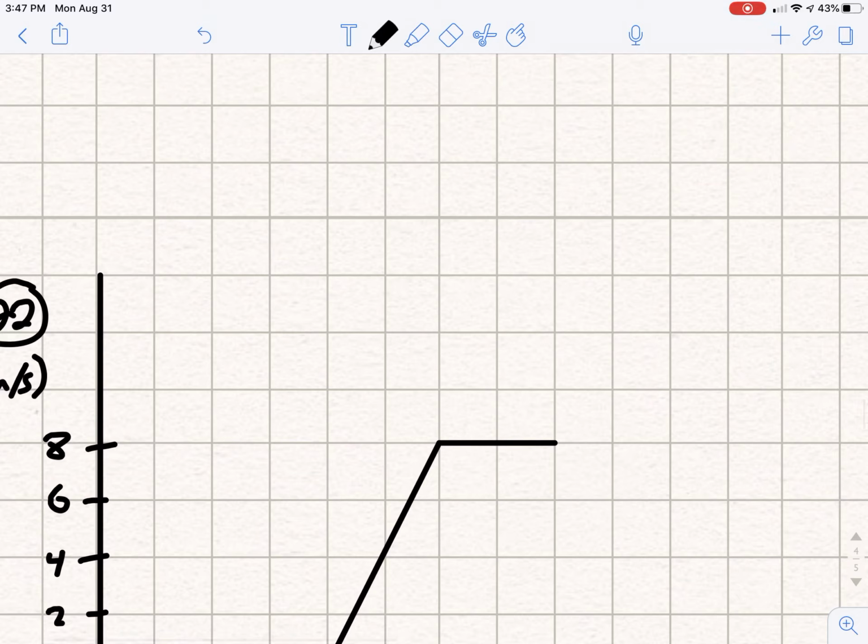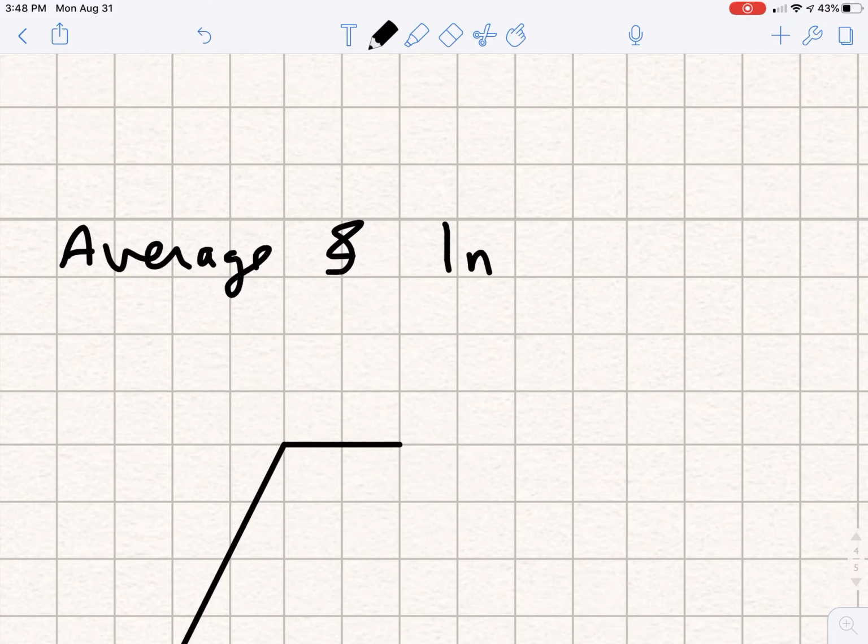The concept in this problem would be average and instantaneous acceleration.